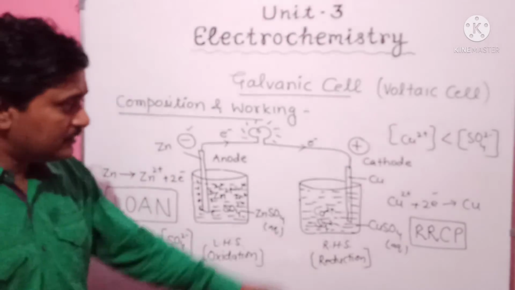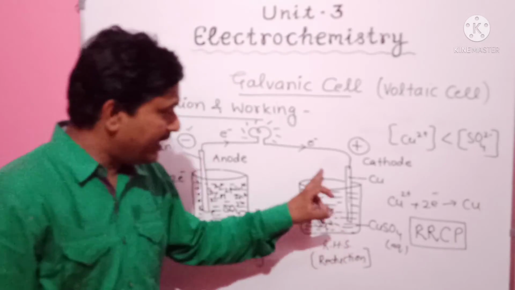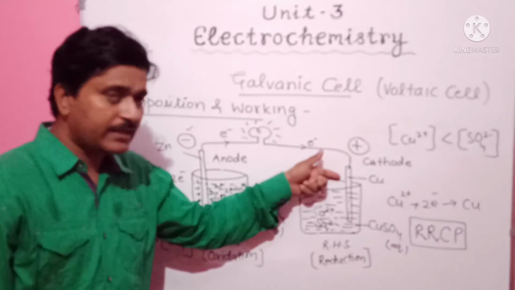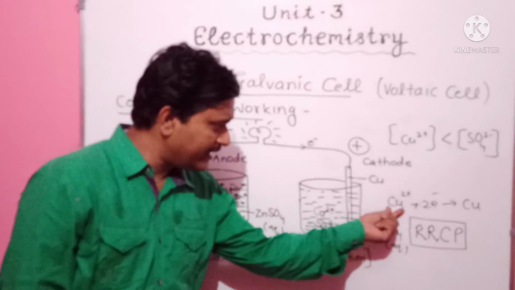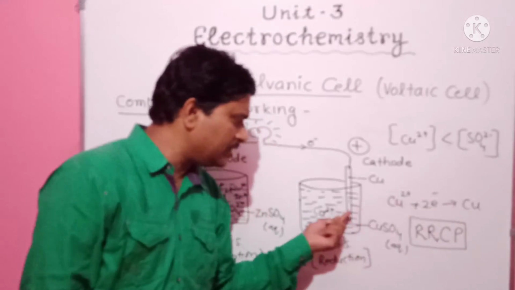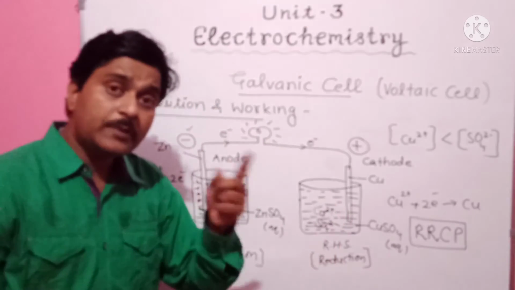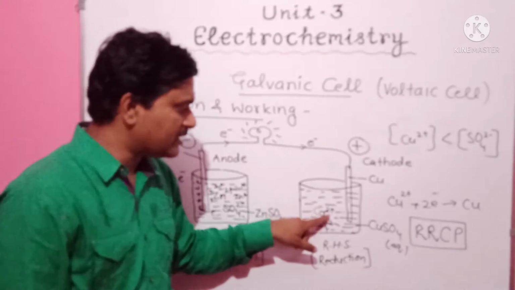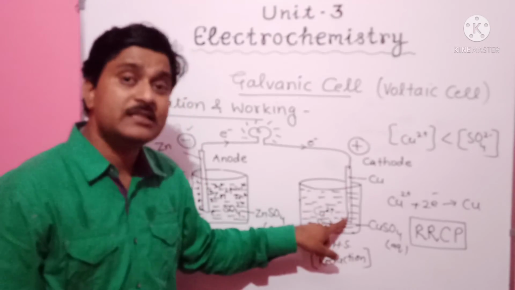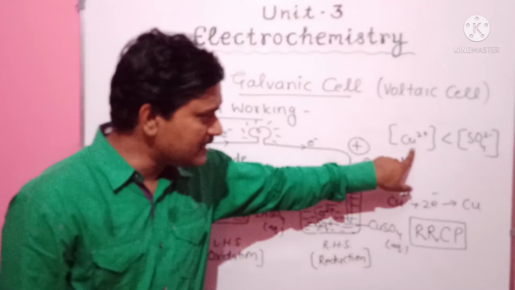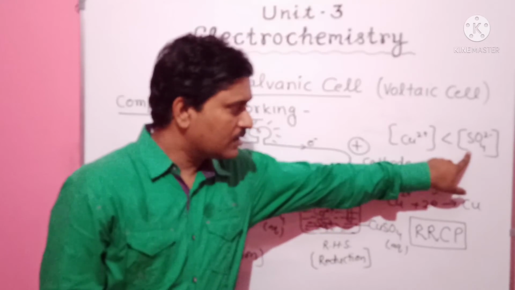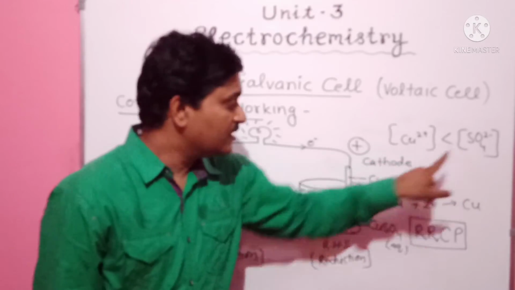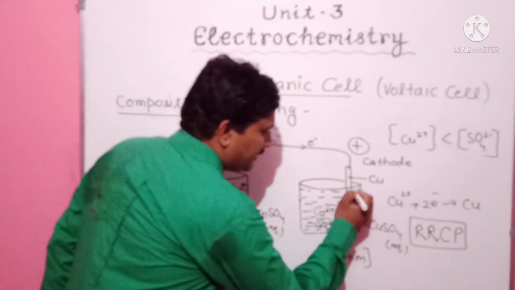Have you got it? What happens when electrons are coming initially from the anode to the cathode? Then copper 2 positive ions gain electrons and change to neutral copper. So the positive copper ions decrease in amount. If they decrease continuously, then positive charge here decreases. If positive charge decreases, the concentration of sulfate ions, or the negative charge, continuously increases at that electrode.